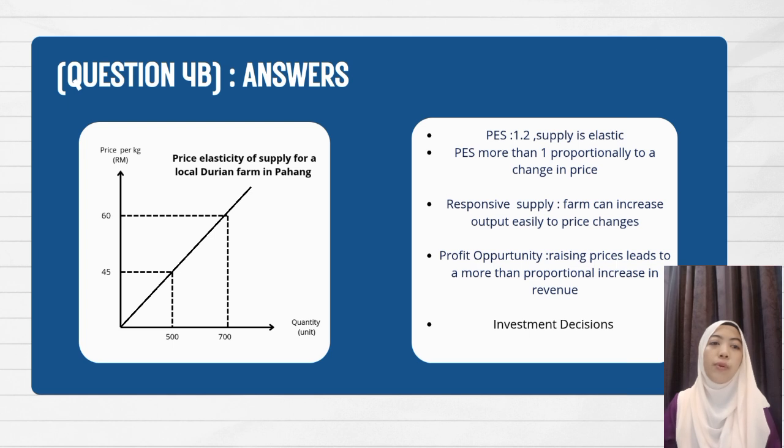Lastly, from a strategic point of view, the farm could consider investing further in expanding land, improving productivity, or upgrading technology, since it can respond effectively to changes in market price.